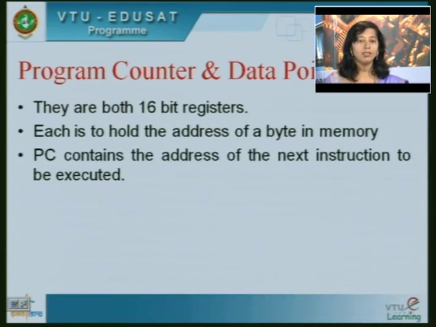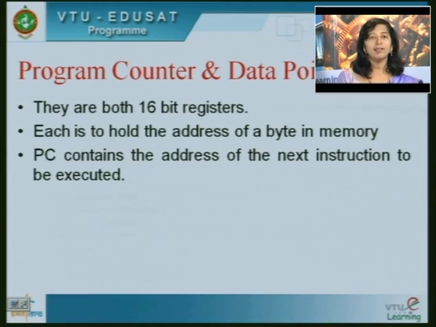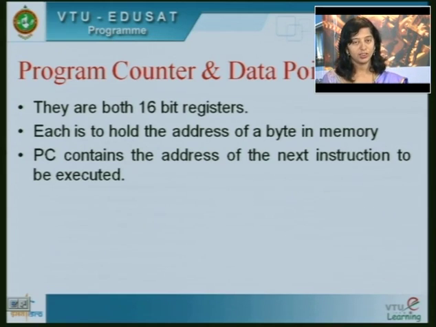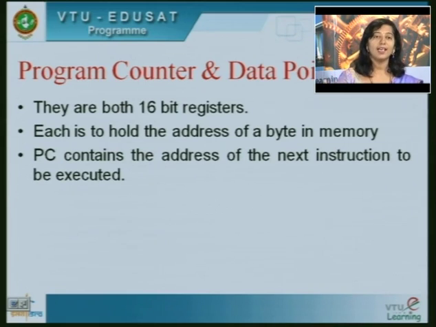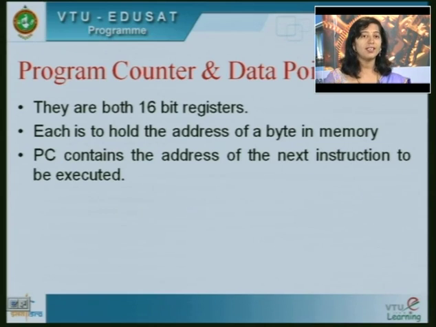Next, it contains the address of the next instruction that is to be executed always. Say now currently I am executing the add instruction. So next I should execute what, say I need to perform a jump. So jump on carry. If there is a carry after addition, you should go and do something else.